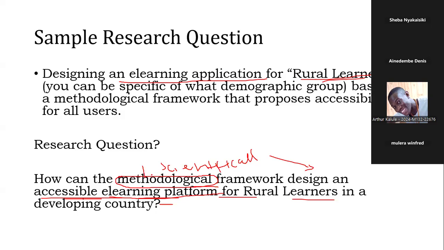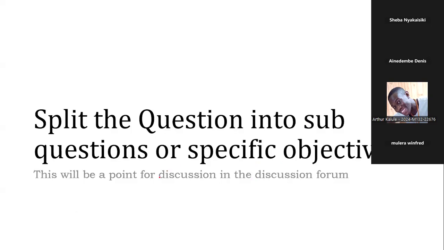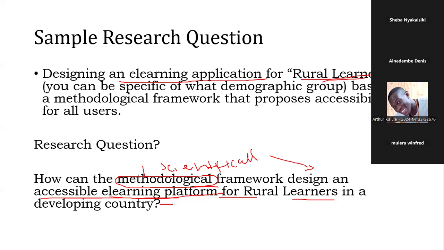So this research question will lead me to ask questions like, what will be my architecture framework? What device will I use? What software platform will I use that is light enough? Which would be the best device that this rural learner can use? Should it be web-based or should it be mobile application-based? That kind of question.